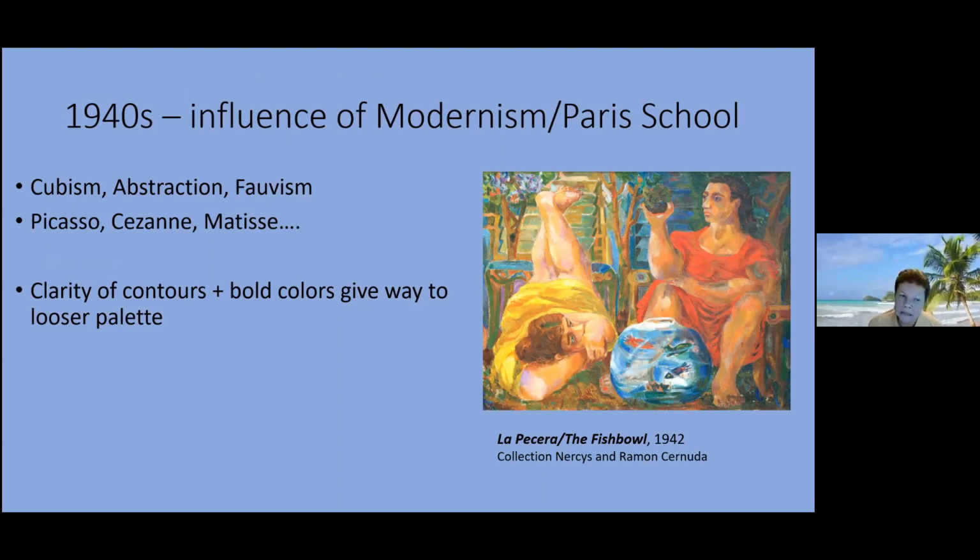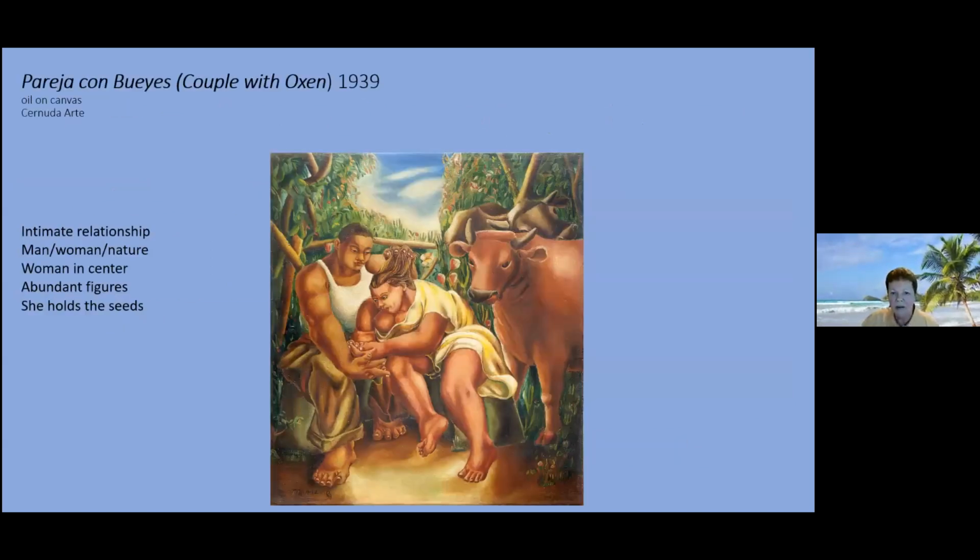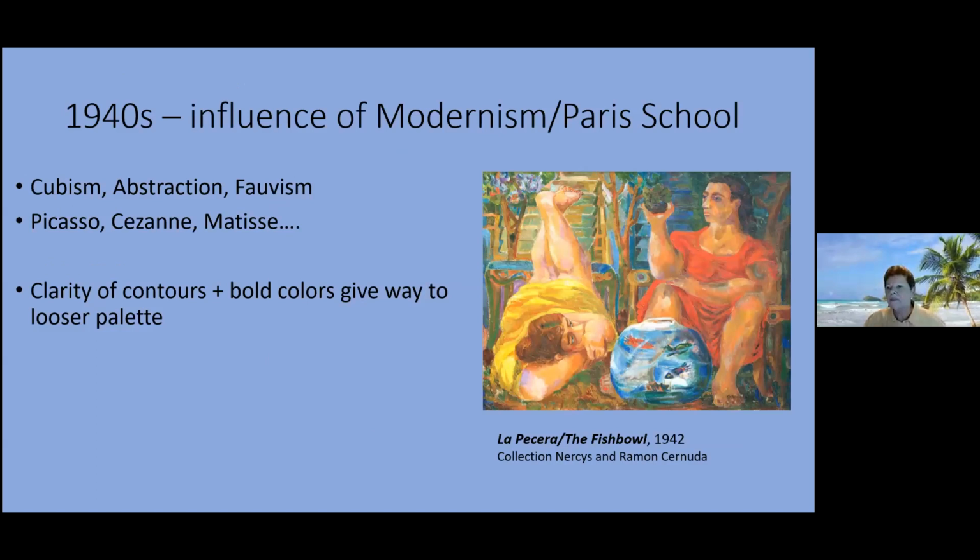There's a clarity of contours and bold colors giving way now to a much looser palette. If you remember, let's see if I can go back. You see how the linear contours and profiles of these figures are very striking. Whereas here, it's loosened up considerably, and it's still about color.